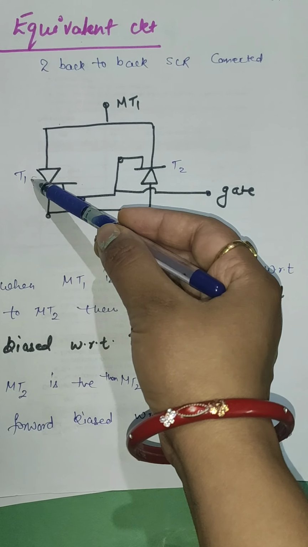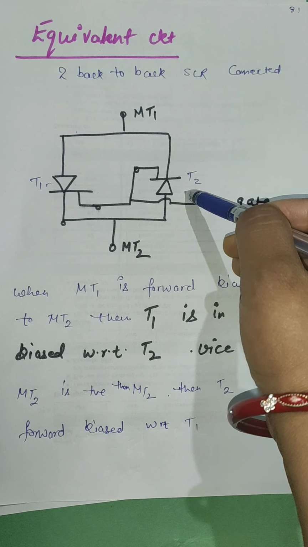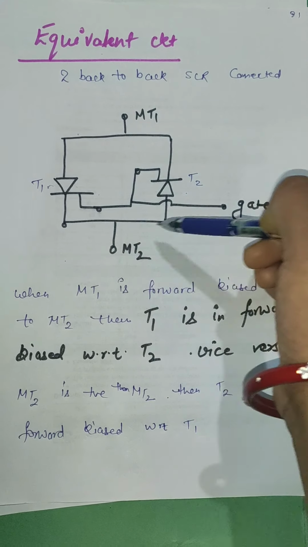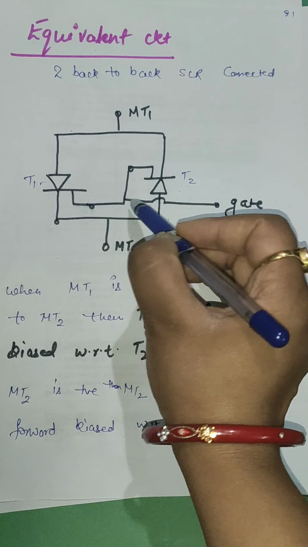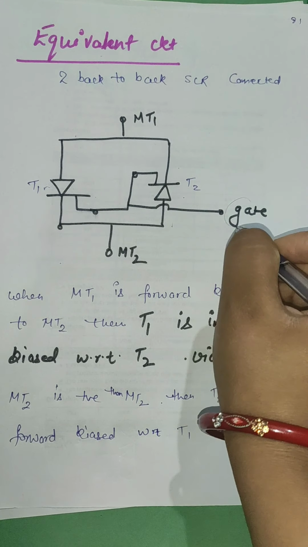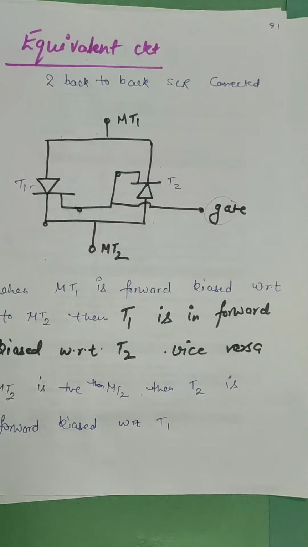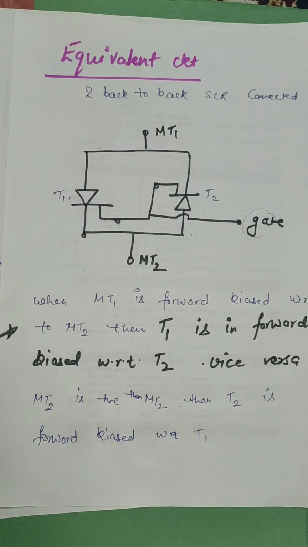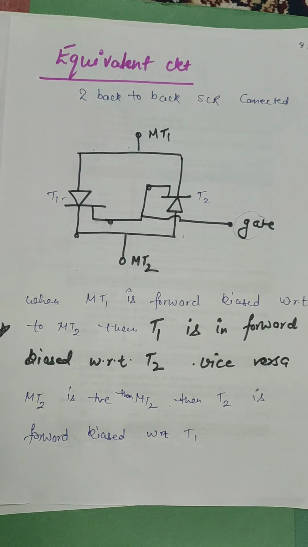So two thyristors are connected back to back. One is in this direction, the second in this direction, and the gates of both thyristors are connected with each other. That makes the gate terminal, MT1 and MT2. This is our equivalent circuit of the triac.